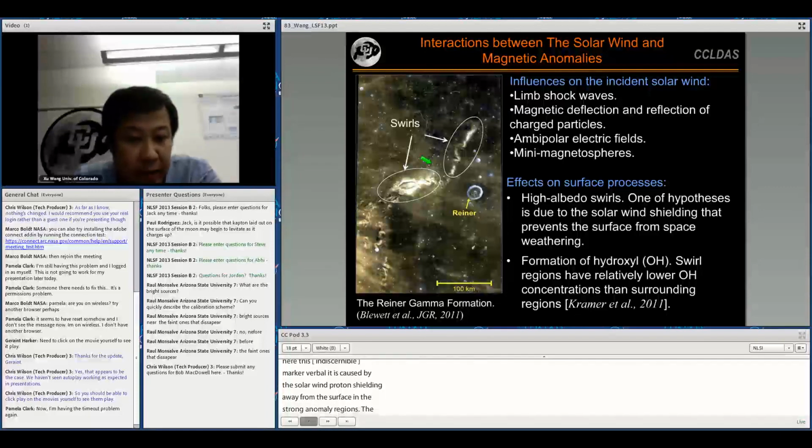It may also be related to the formation of hydroxyl, the OH. The swirl regions have a relatively lower OH concentration than the surrounding regions for the same reason of the solar wind shielding. And of course, there's an effect on the electrostatic dust transport.